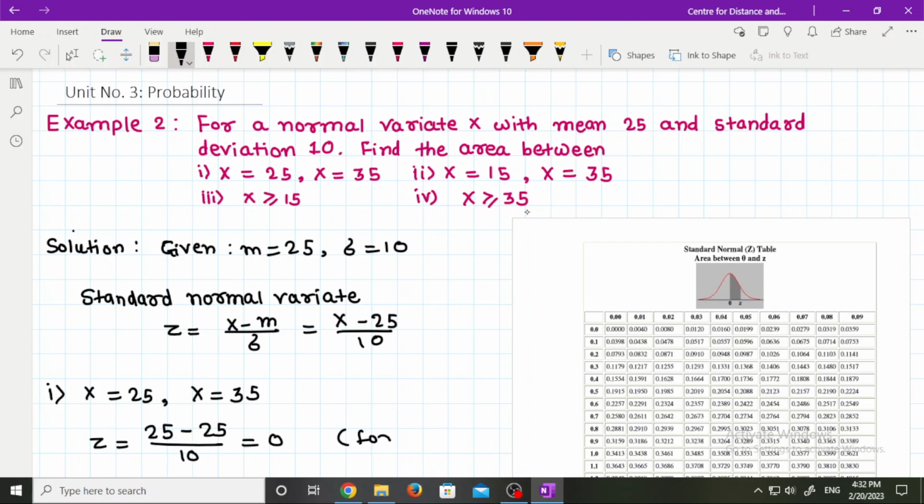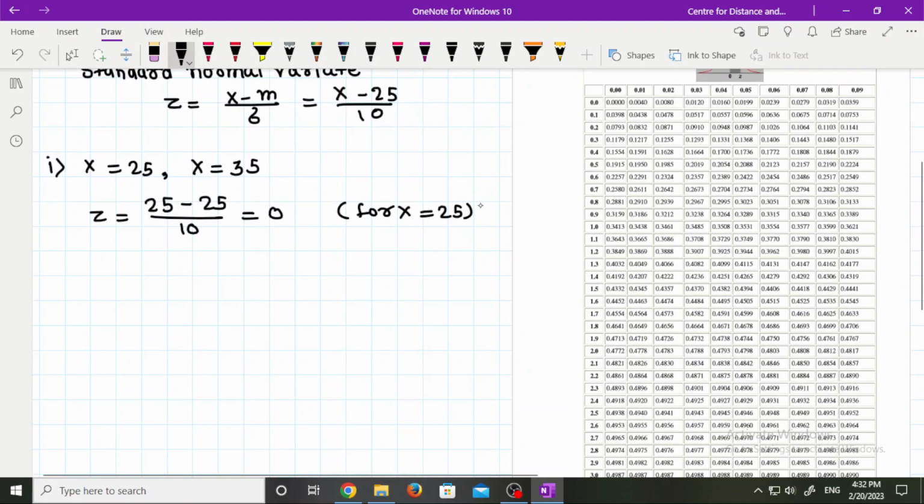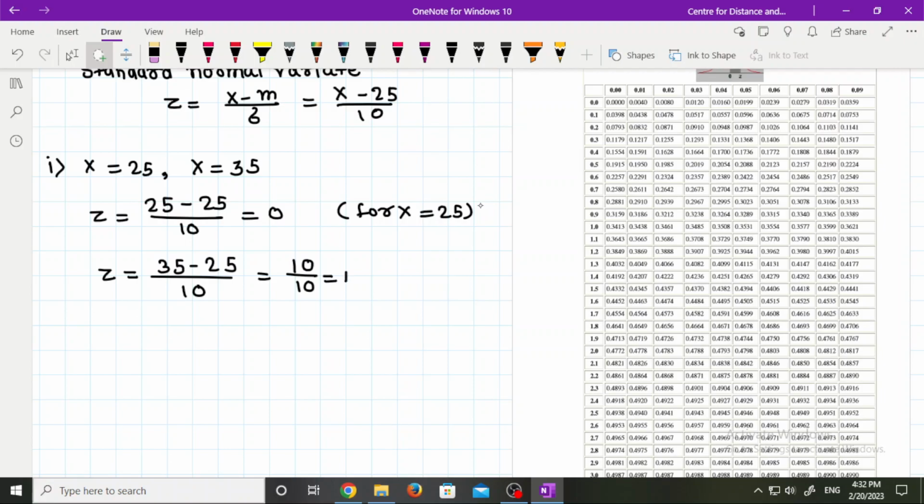This is for x is equal to 25. Now similarly, z for x is equal to 35, that is 35 minus 25 divided by 10, which is 10 divided by 10, equal to 1. This is for x is equal to 35.